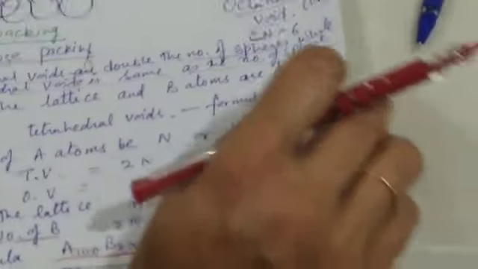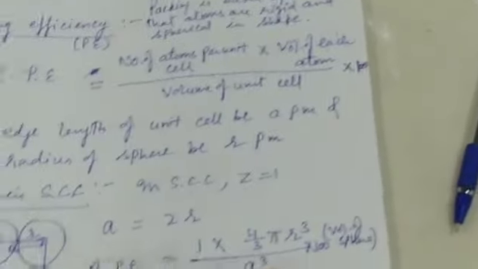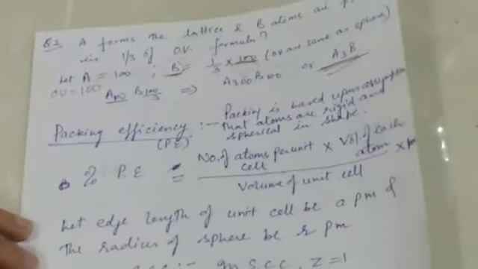The coordination number of the cubic void is 8, because we have 8 corners. Coordination number of tetrahedral void is 4, octahedral void 6, and cubic void 8.